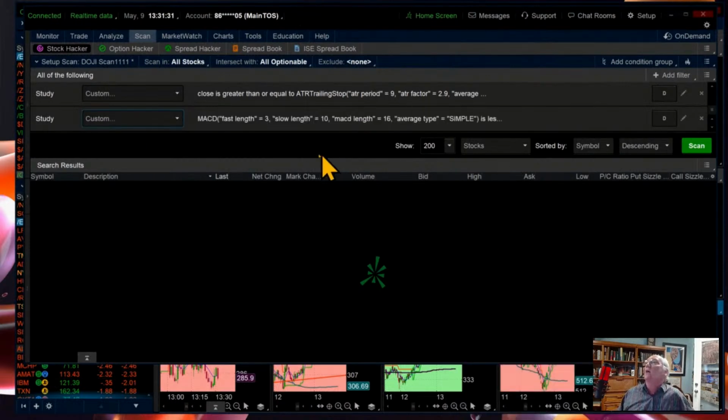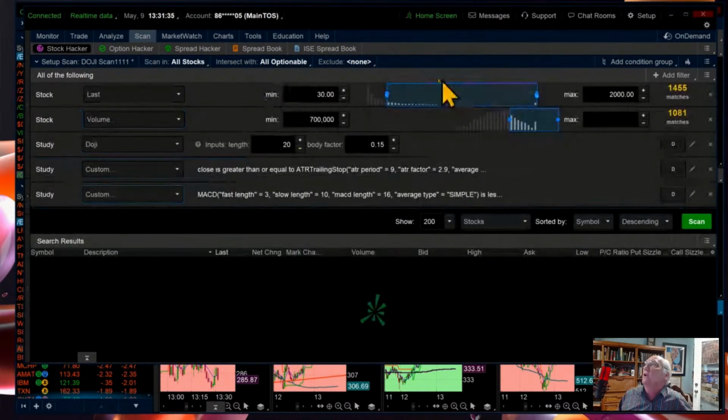There. So now you got exactly what you were asking for. 30 to 200, 700,000, doji. The close is greater, so it's in an uptrend, but the MACD is less than. So then you're looking for a doji reversal pattern the other way. Let me save that for you.